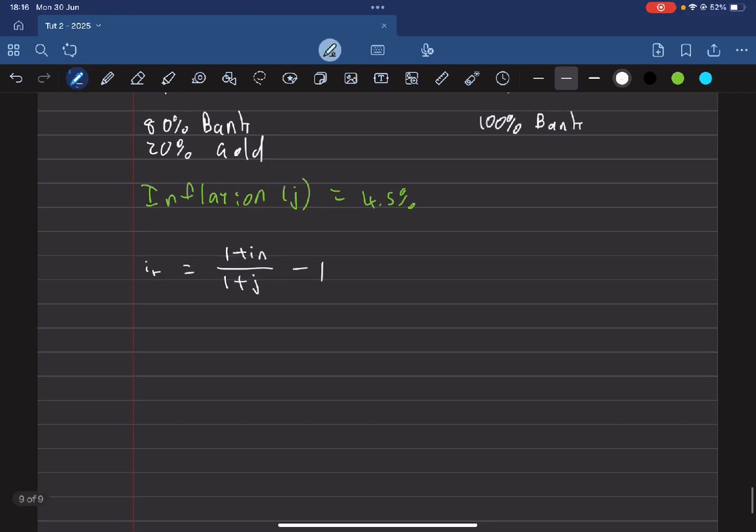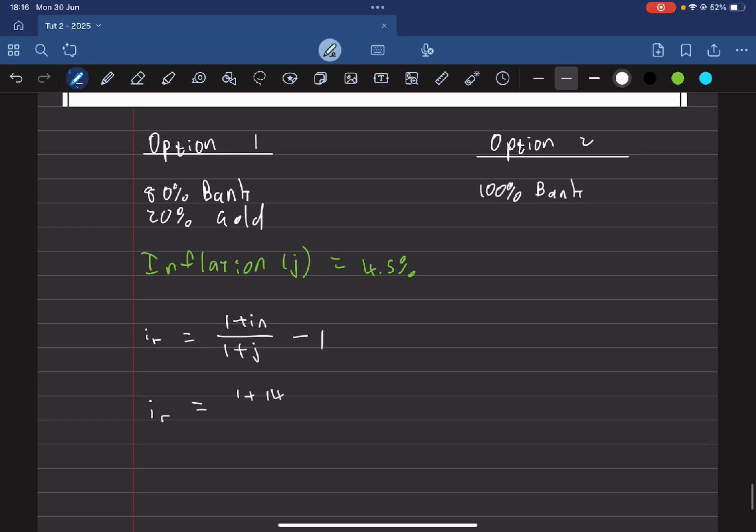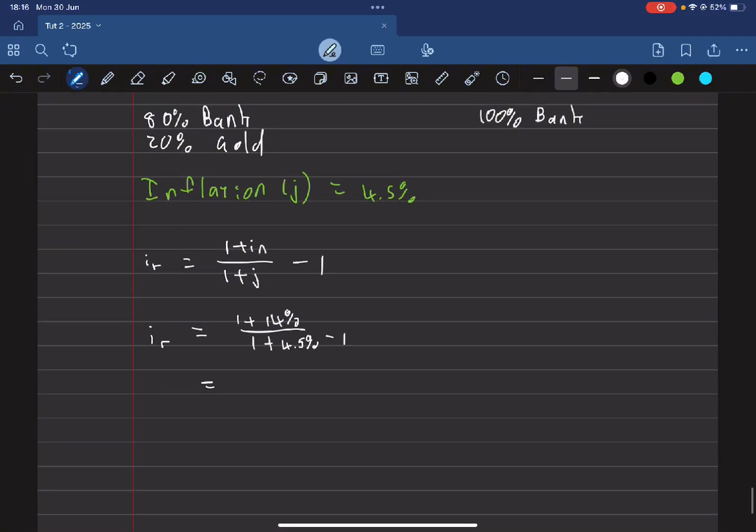In this case, the real interest rate is going to be 1 plus the nominal interest rate of 14% over 1 plus the inflation rate, which is 4.5%, minus 1. If you plug that into our calculator, we get 0.0909, it keeps going, and we'll save that as A in our calculator for future.